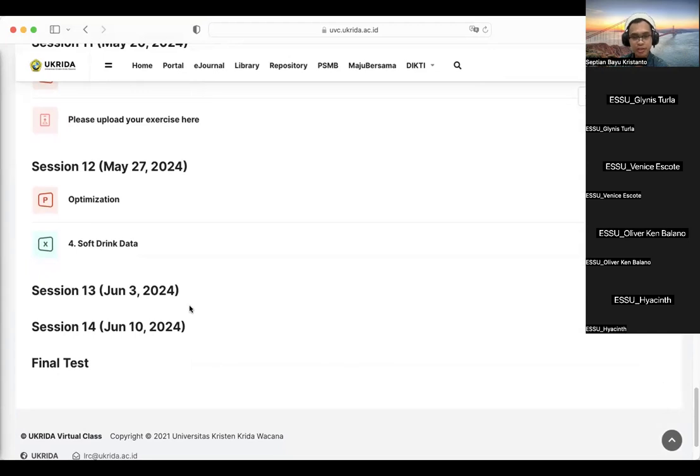In session number 13, we have two points of analysis, the optimization and the uncertainty of information. The next meetings will be graded for the individual exercise, not in session number 12.